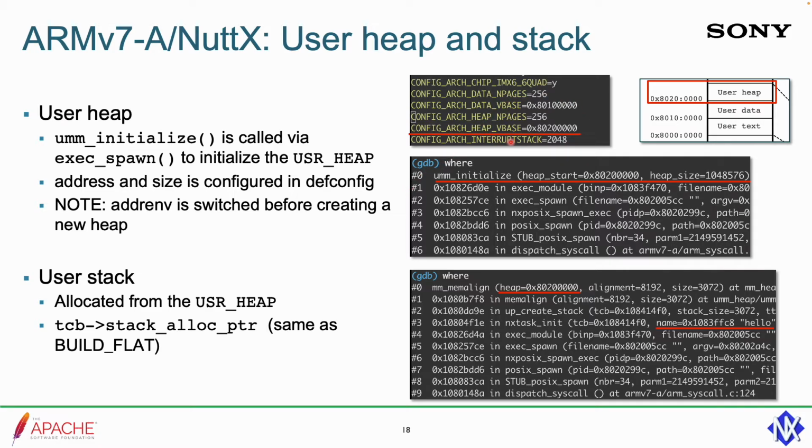The user stack is allocated from the user heap and then stored to TCB stack alloc PTR, which is the same as the flat build type. As you can see, the user heap area can be seen in the core stack, like this.